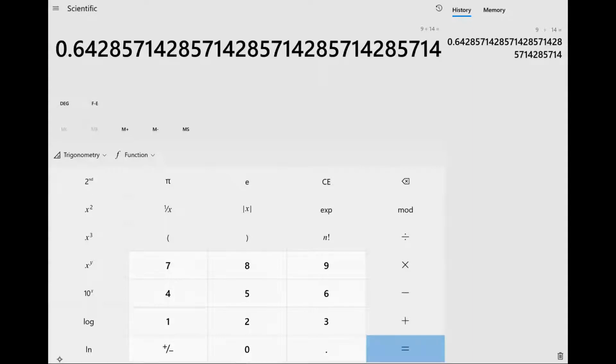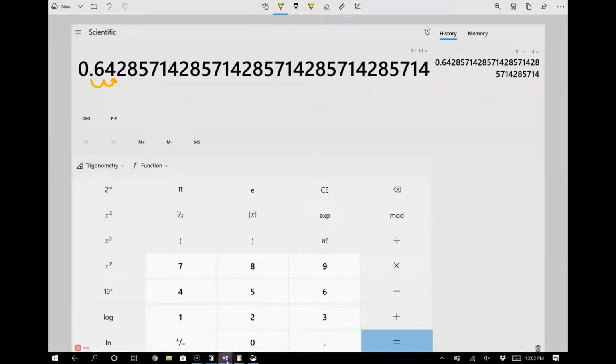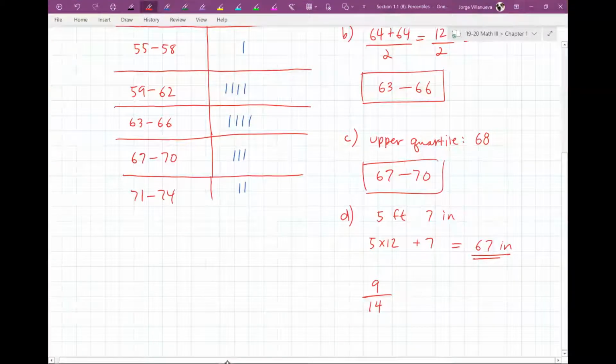Let me take a quick screenshot just so you guys remember. Whenever you're doing percentages, you move it 2 times over, right? So it's 64.3. Let's say 64.3%. So let's go back to our original problem here, and this is equal to 64.3%.